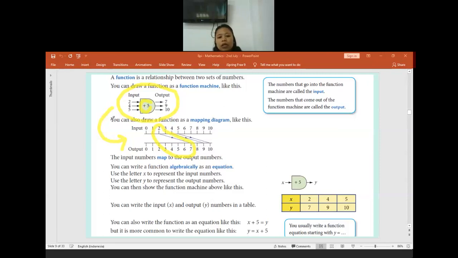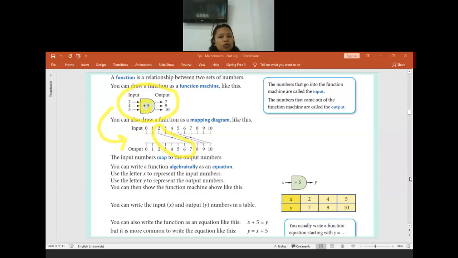Is there anyone who is confused about the function machine and also the mapping diagram? Before I continue, the function machine will help you later to find the inverse of a function. If you already understand the function machine, it will help you a lot to find the inverse of a function. In grade 8, you will usually have only a little question about the inverse of function.